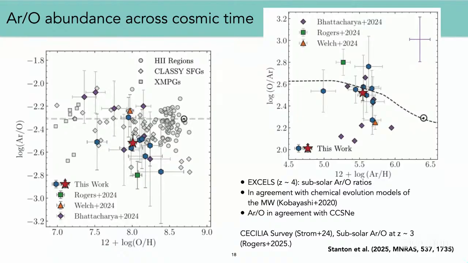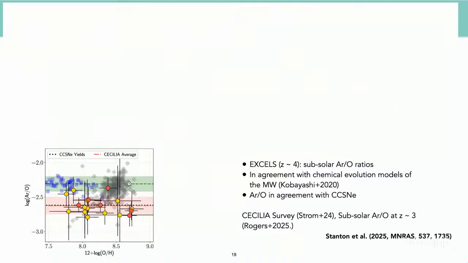Okay, so here is argon again, now with Cecilia. These observations were after the CLASSY papers, so I couldn't compare these observations, but you see here, again, these subsolar abundances with argon overall. They show here again with Rogers 2025. Also, at the moment that I did CLASSY for these alpha elements, sulfur abundances were not available.